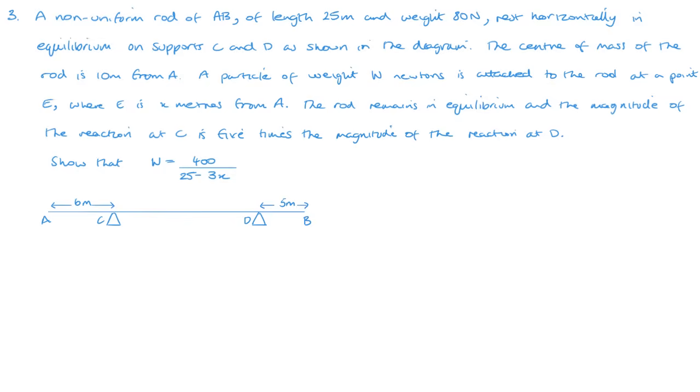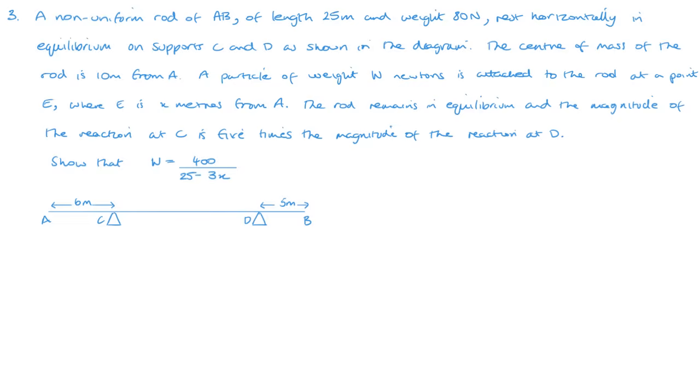And welcome back. So let's look at how we go ahead and solve this one. So we've got our uniform rod here, 25 meters long and weighs 80 newtons. It rests horizontally in equilibrium on supports C and D as shown in the diagram.